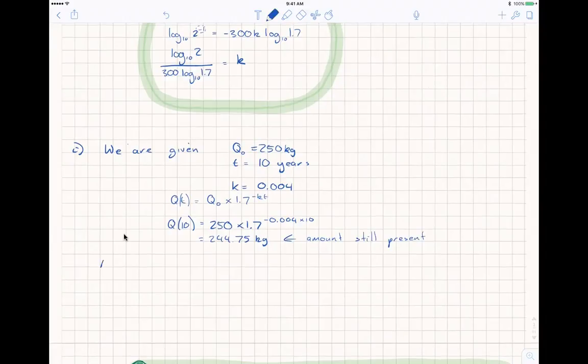So the answer, in fact, is our 250 kilograms that we started with, minus the 244.75 that we have left. And what we get is about 5.3 kilograms has decayed.